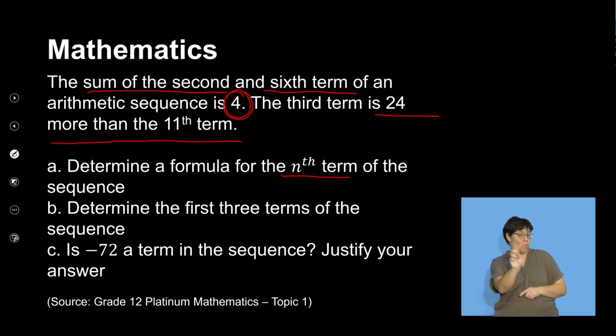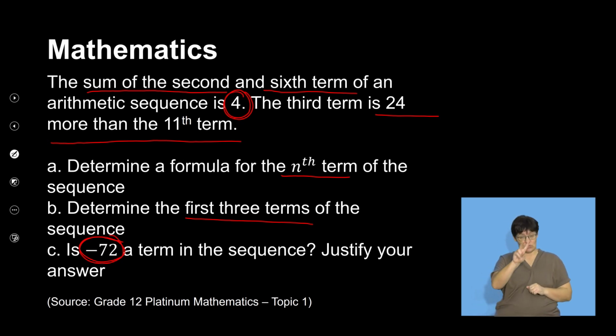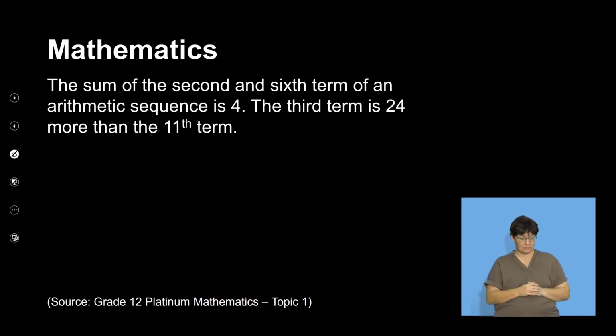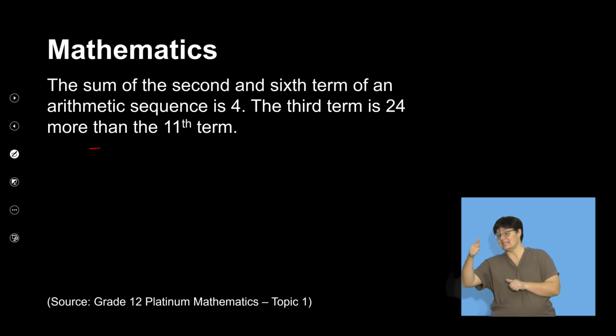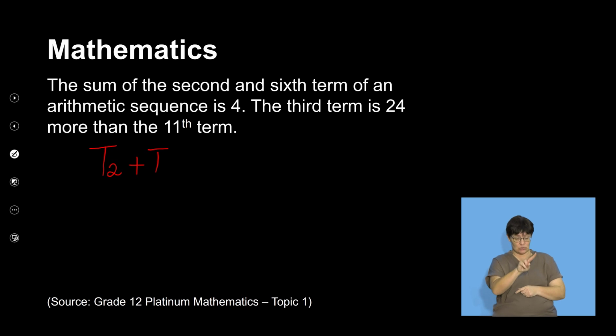We're going to determine the first 3 terms of the sequence, and we are going to check if negative 72 is a term in the sequence. For the first part, the sum of the second and 6th term: the second term would be T2, and the 6th term would be T6.